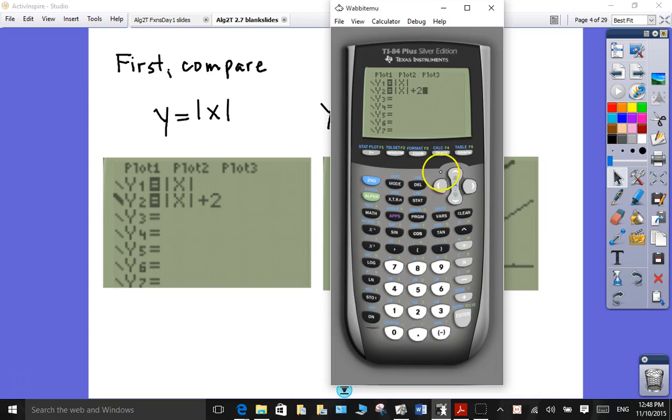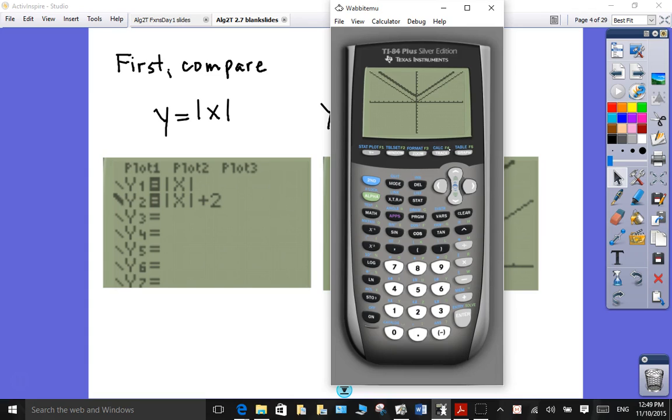So scroll over so that the cursor is blinking in the left margin, then I hit enter, and it turns into a fat line. Okay, now I'm going to hit graph. So the light line there is the parent function, and this fat line is the plus 2.